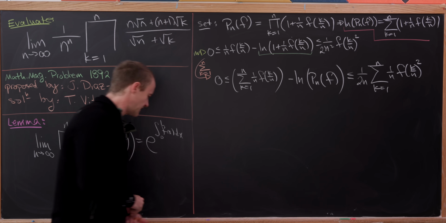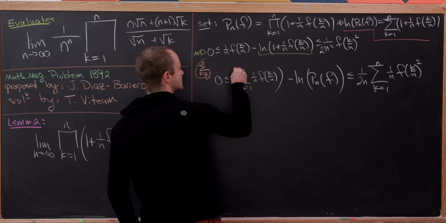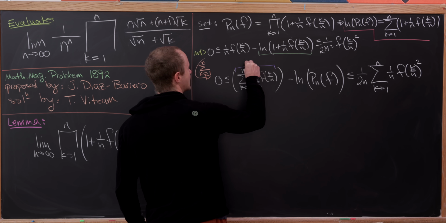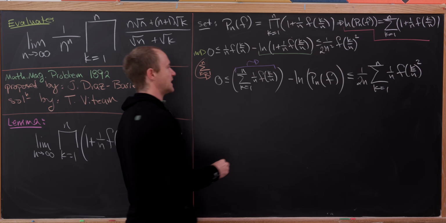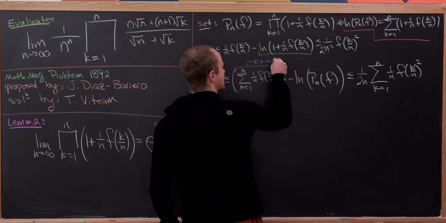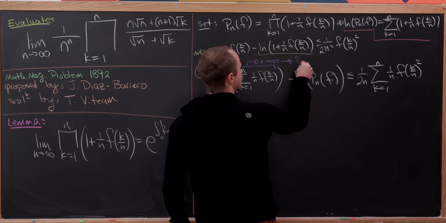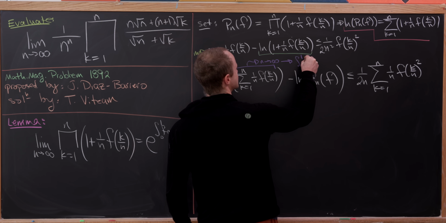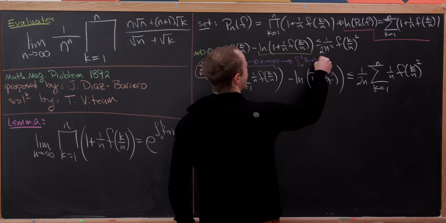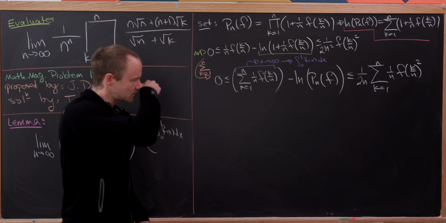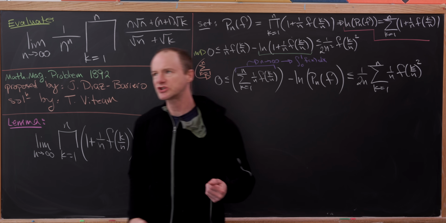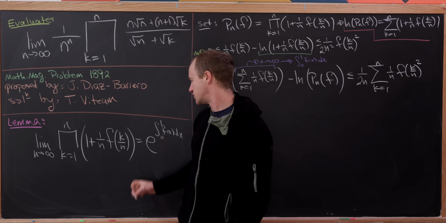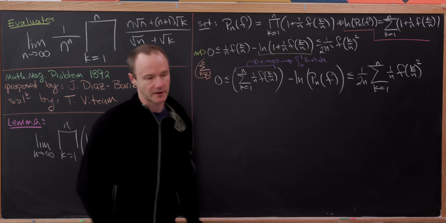But let's look at this. This looks like an nth Riemann sum of some sort of integral. In fact, if we were to take n to infinity here, that looks like it'll give us the integral from 0 to 1 of f of x dx, assuming that this is a Riemann integrable function, which we are implicitly assuming by writing this down over here.